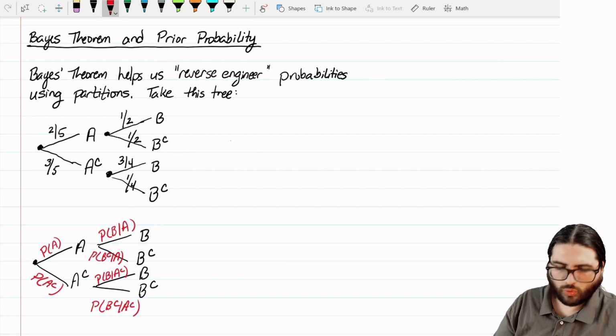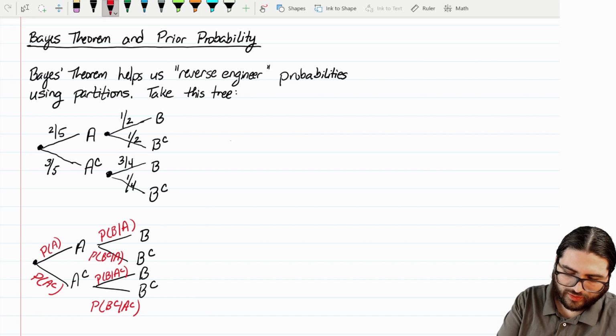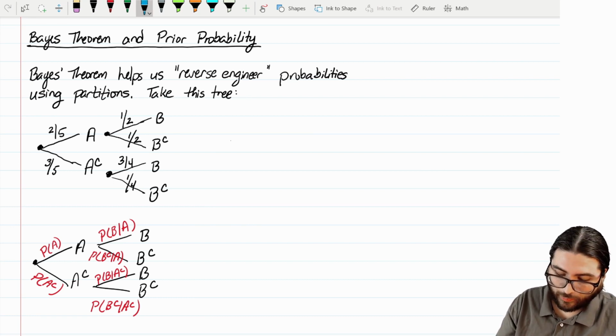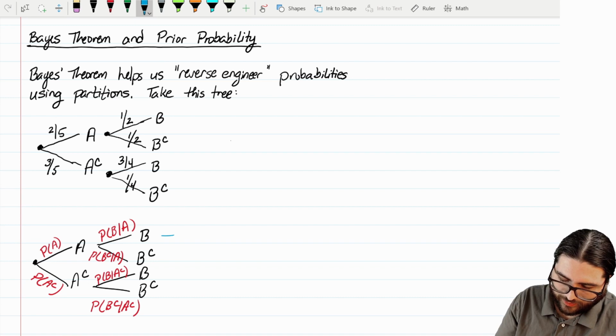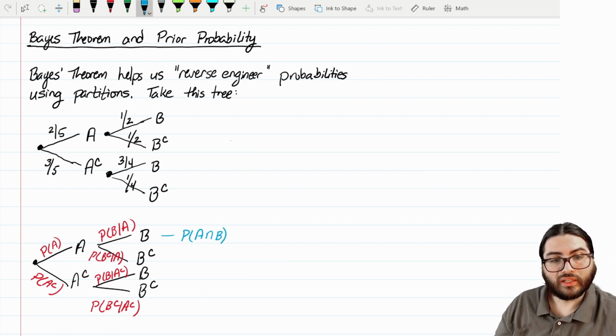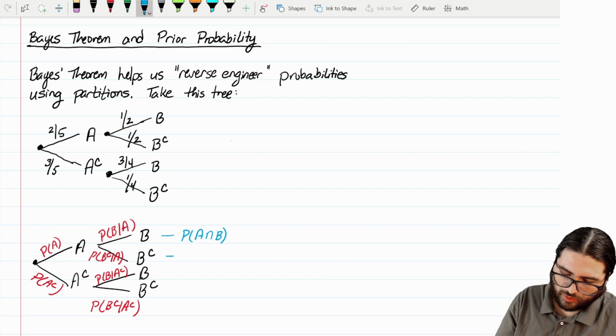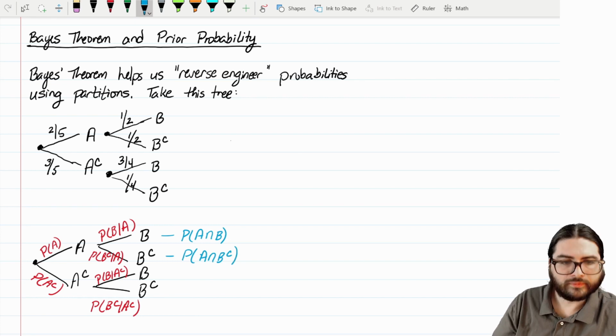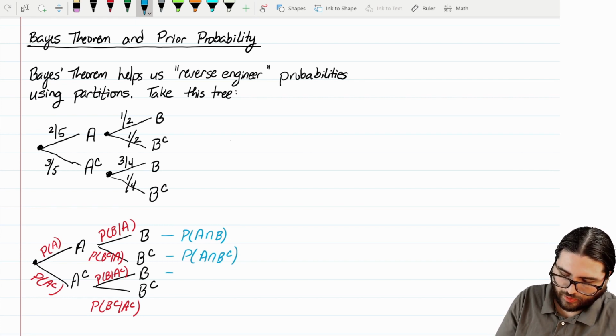So this tells me quite a bit about the conditional probabilities. And those multiplied probabilities that we had at the end, I could calculate them. That would be the probability of A and B. This would be the probability of A and B complement. This one would be the probability of A complement and B. And this one is the probability of A complement and B complement.